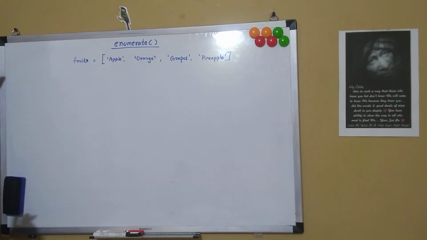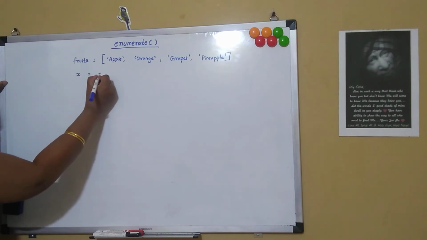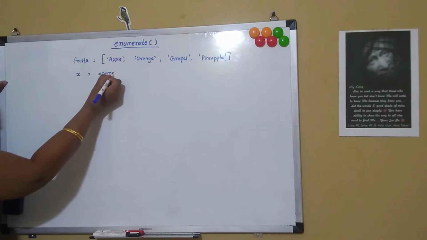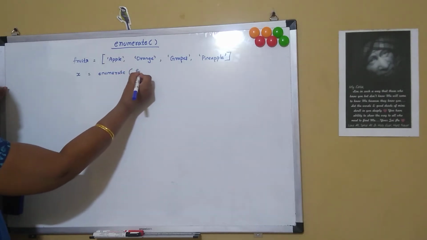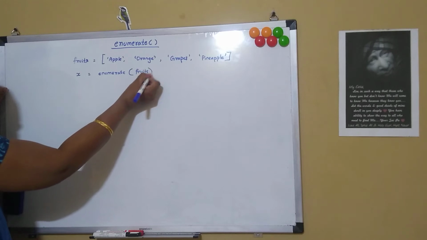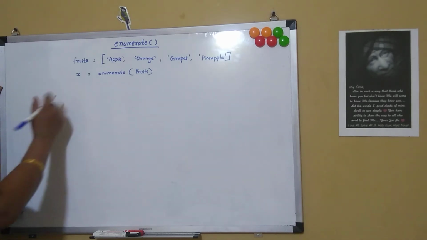Now, how do I use the enumerate function? For this, let me say x equal to enumerate, and the iterable which I am passing in this case is my fruits list, and I don't pass any start value. So by default it will take 0 as the start value, counter from 0.